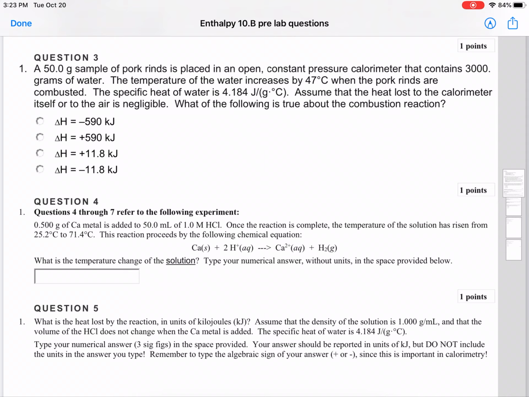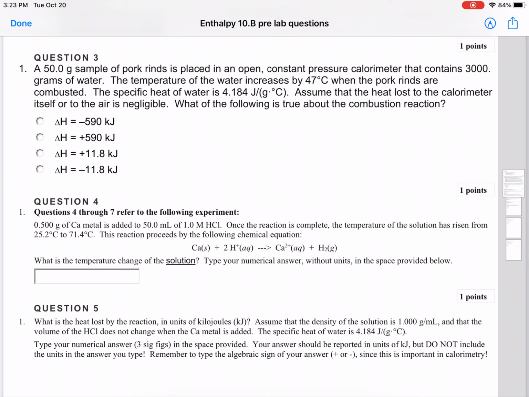Now, the combustion reaction has taken place inside the calorimeter, which has 3000 grams of water. Water temperature has increased by 47 degrees Celsius. We also know the specific heat of the water. Since the water temperature increased, the combustion reaction lost heat, and the water absorbed that heat.